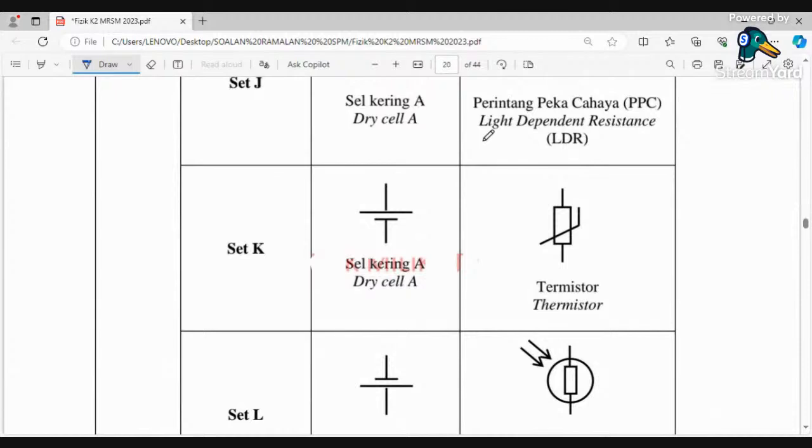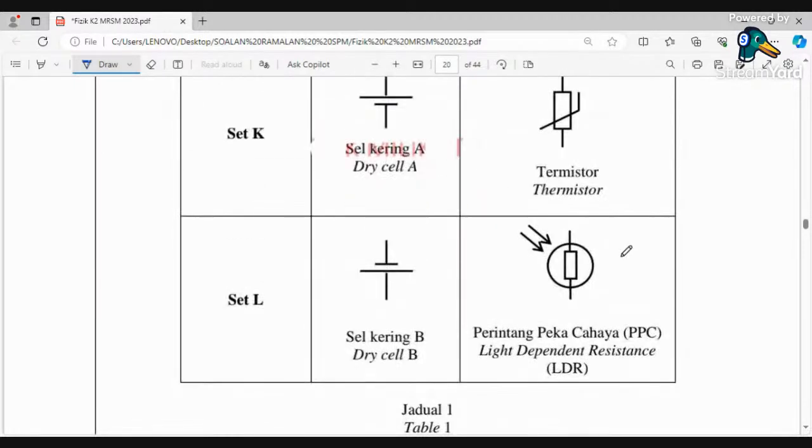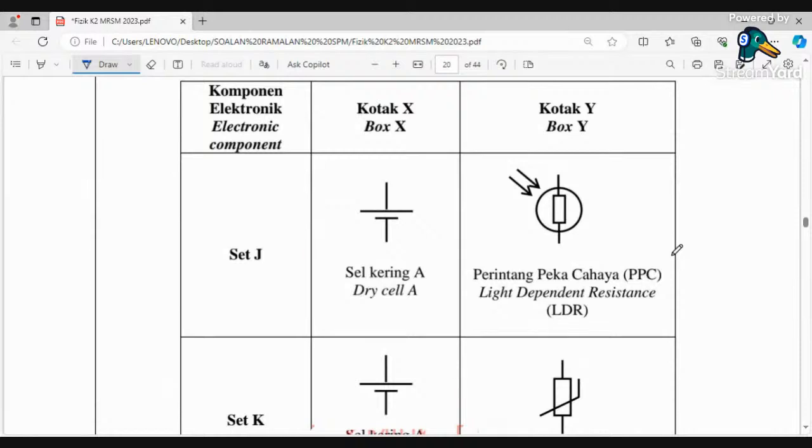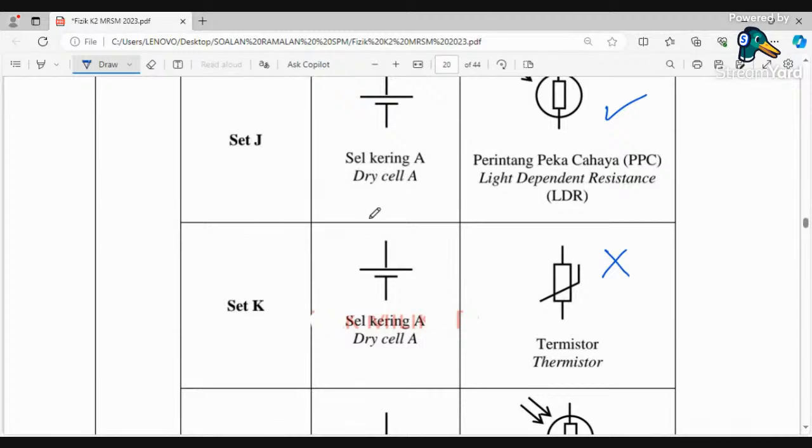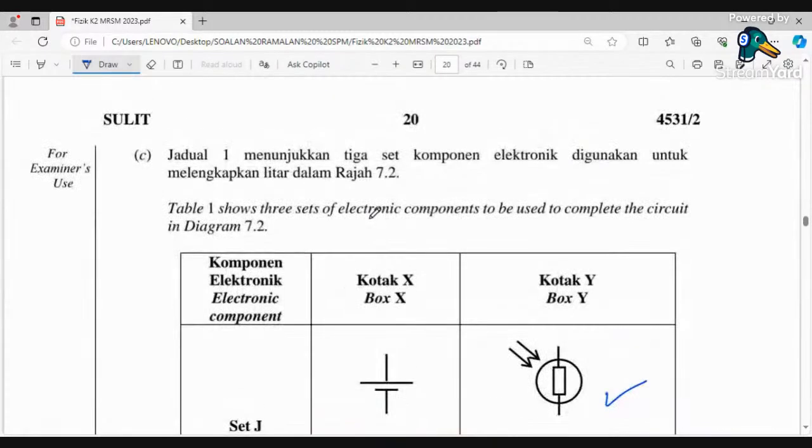So the use of light dependent resistor, LDR. Okay, kita gunakan LDR lah, sebab dia nak waktu malam kan. Macam nak detect malam. Okay. And then kita check lagi J dengan K sambungan dia punya tu.